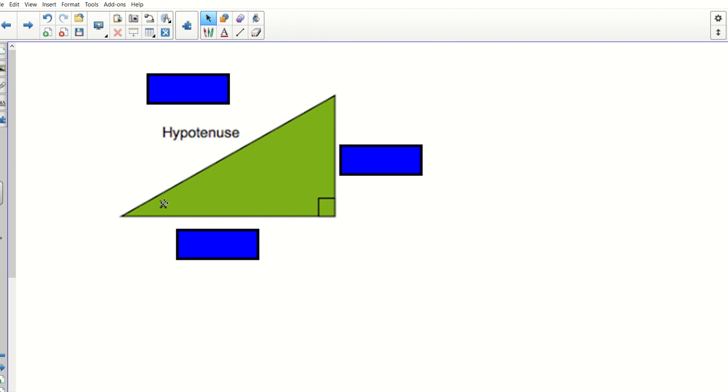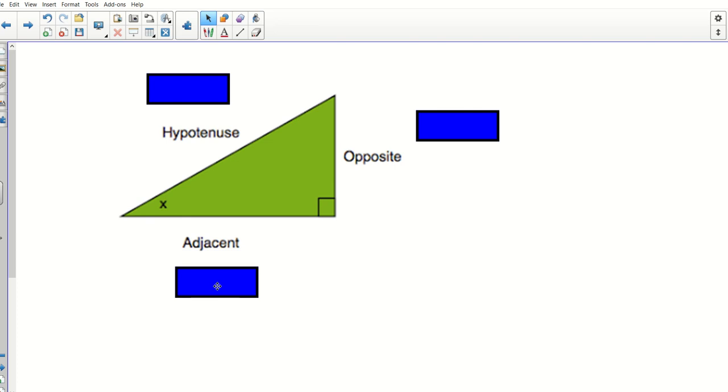The opposite side will be across from angle X. And finally, the side that is next to angle X, not the hypotenuse, is the adjacent side. So hopefully you're starting to understand how to label a right triangle based on the reference angle.